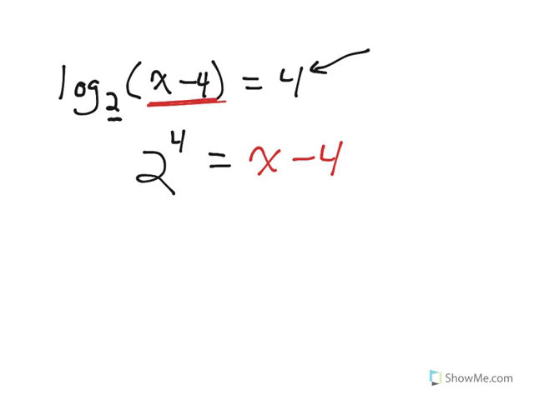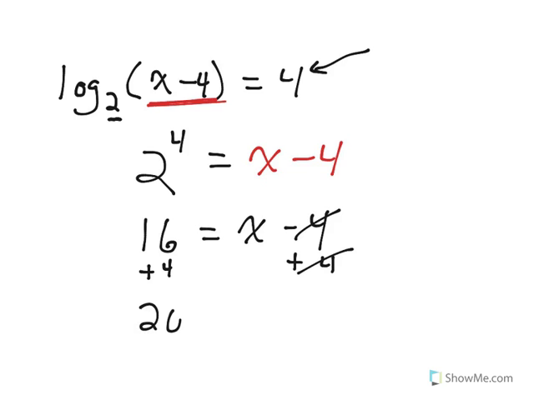So now we want to calculate 2 to the 4th power is 16 equals x minus 4. We can solve for x by adding 4 to both sides of the equal sign, and we get x equals 20.